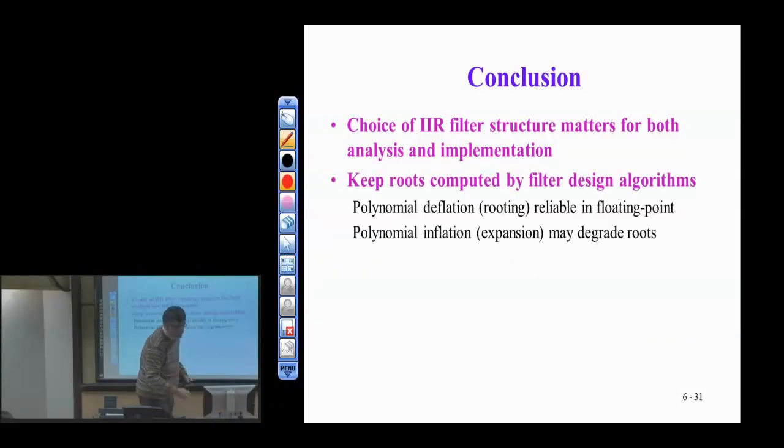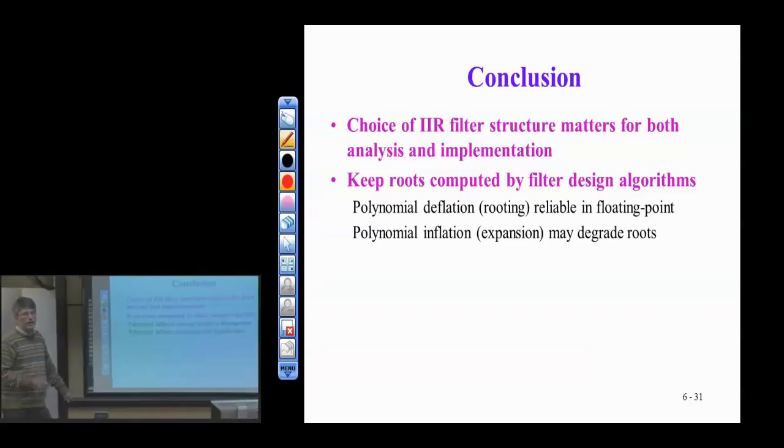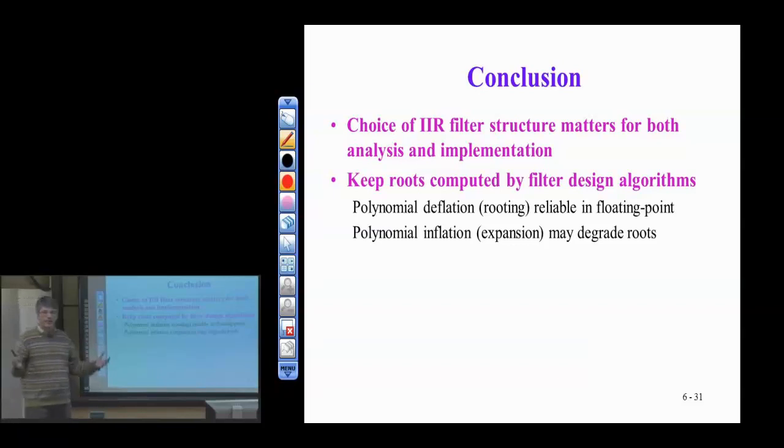As the demo showed, the choice of the IIR filter structure really matters for both analysis and implementation. The direct form, where the IIR filter is just one big tap delay line, or 2 really big tap delay lines, one on the input, one on the output, is really prone to numerical precision errors and prone to BIBO instability when implemented, even in double precision floating point arithmetic.